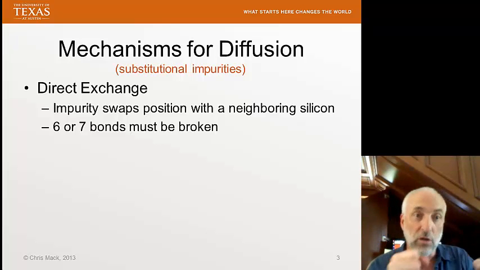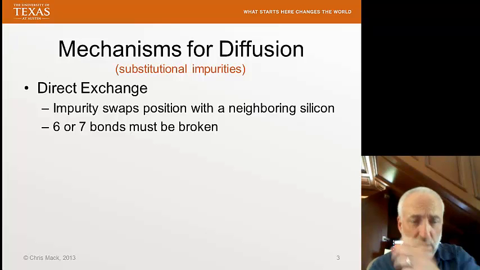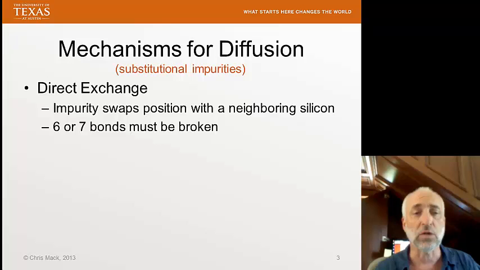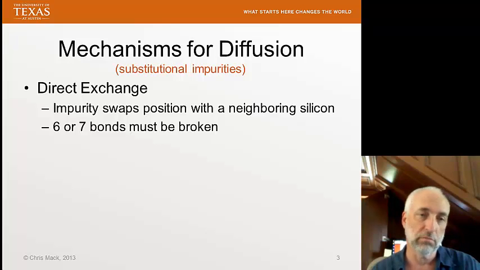To do that, though, maybe the bond between those two atoms is not broken, but many other bonds have to be broken. 6 or 7 bonds must be broken in order to get that exchange to occur. Well, that's a lot of energy. And if it takes a lot of energy, it happens slowly.